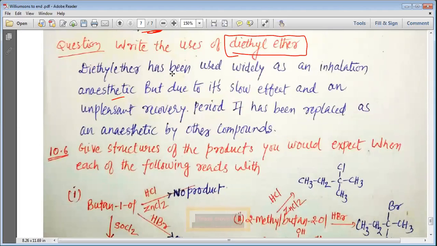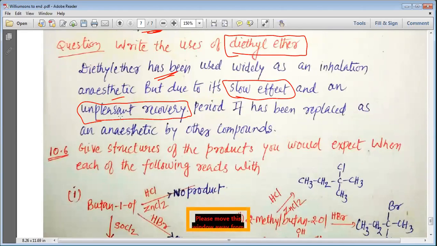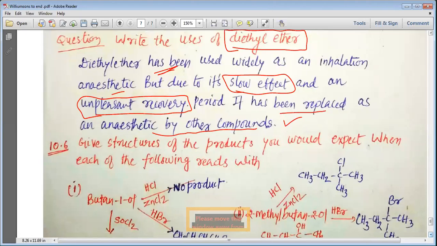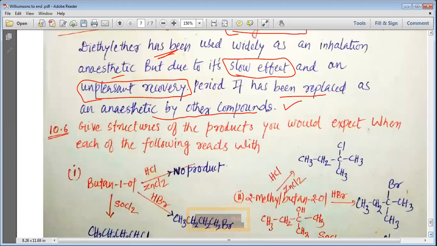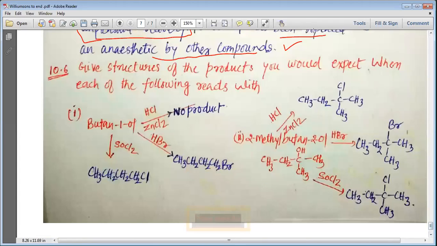But due to its slow effect and unpleasant recovery, when a person becomes conscious, it feels unpleasant, and that is why it has been replaced by various other anesthetics. So we can easily understand that diethyl ether has utility as an anesthetic.